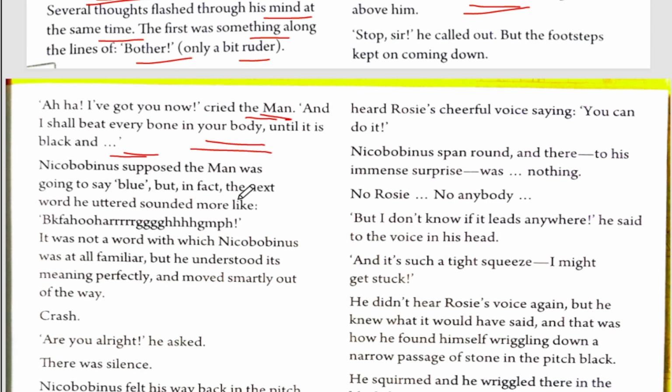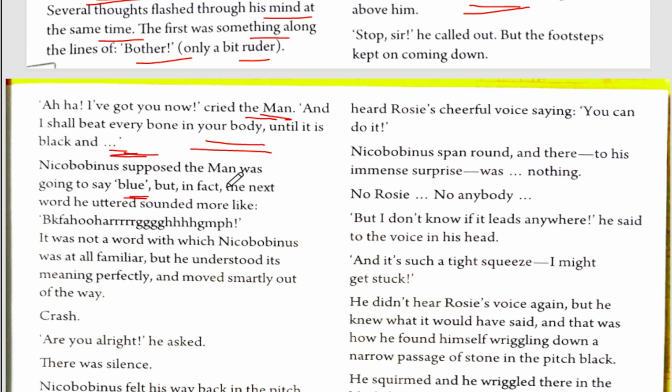After that, Nicobobinus supposed the man was going to say "blue." Now, here the incomplete word, Nicobobinus thought he will completely beat him. That means the man will beat him severely and make him turn blue.